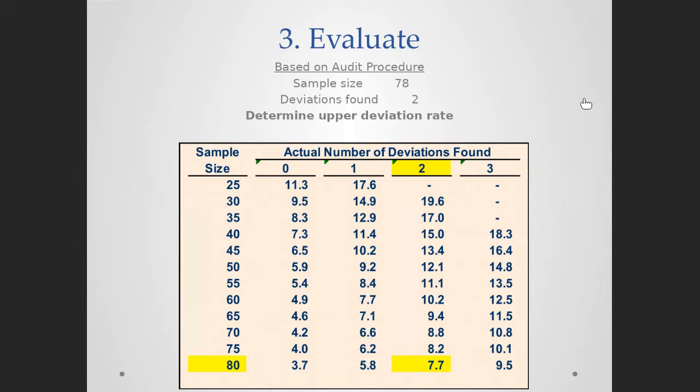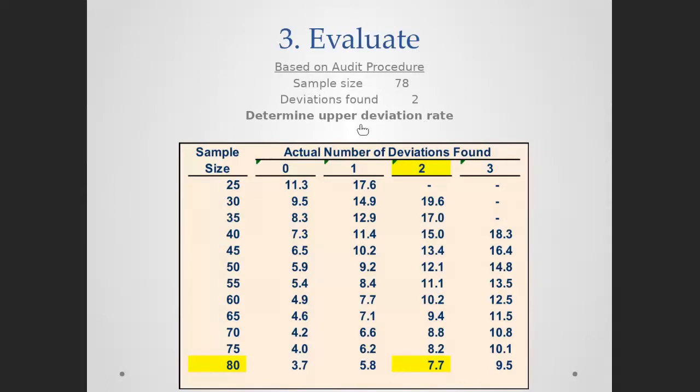Excellent. 2 divided by 78, 2.6%. Is that more or less than the tolerable? It is less. If your tolerable rate is more and your actual deviation is less, then you have to do one more step.